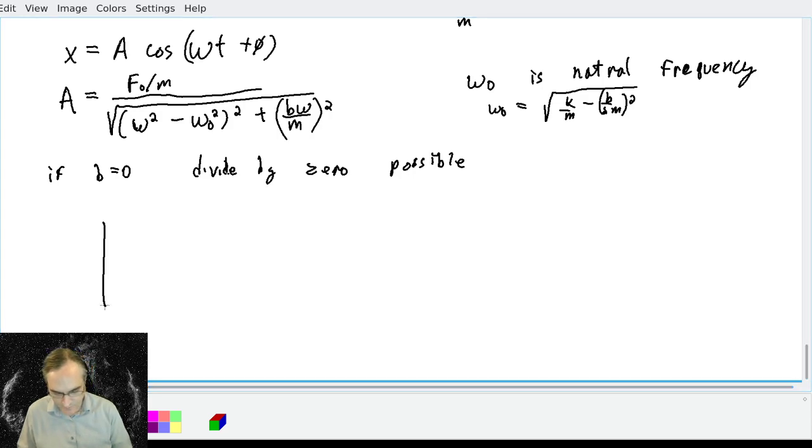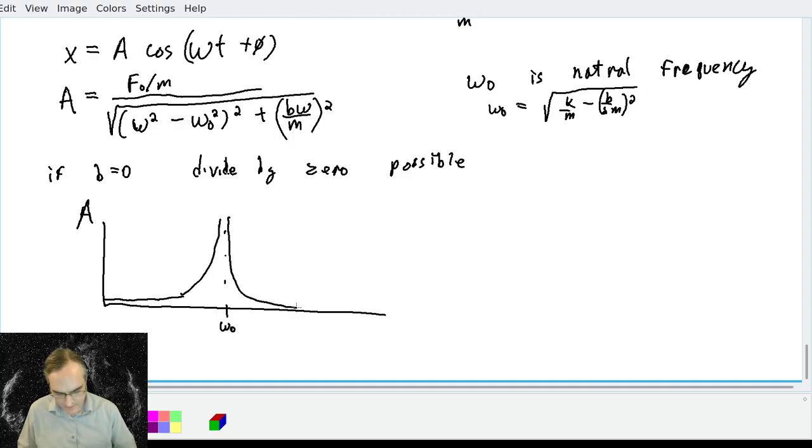Well, it means if you look at the amplitude versus the frequency, and we plot omega naught somewhere here, if we're looking at b is equal to 0, you're going to get a weird point there. The system will attempt to have an infinite response. It will try and have an infinitely large amplitude.